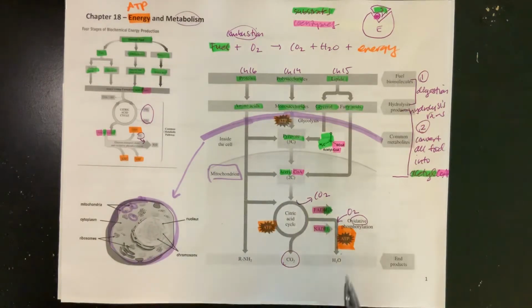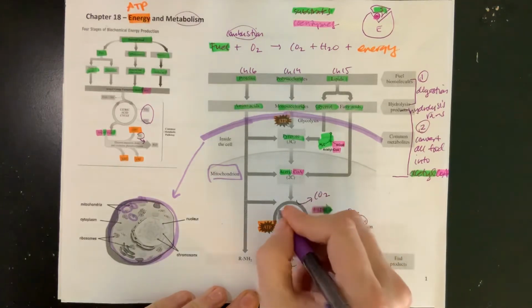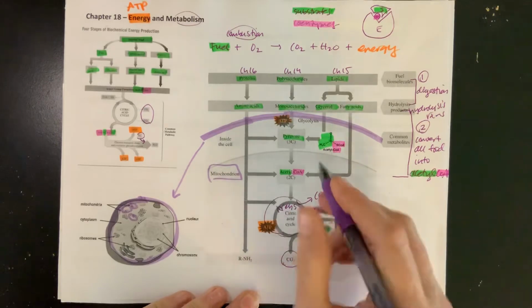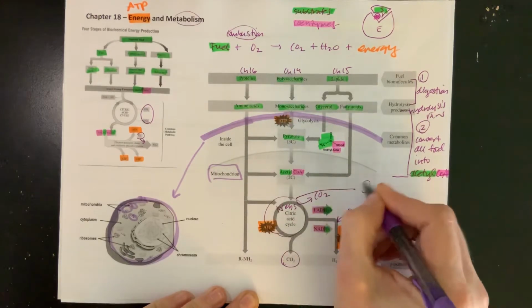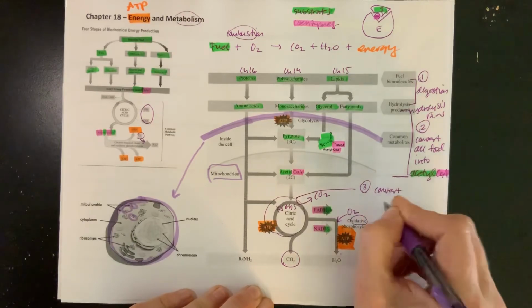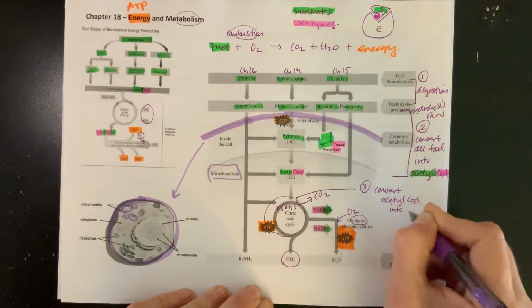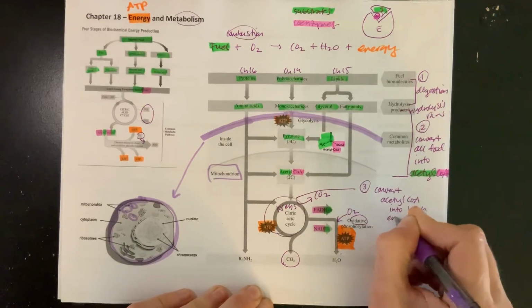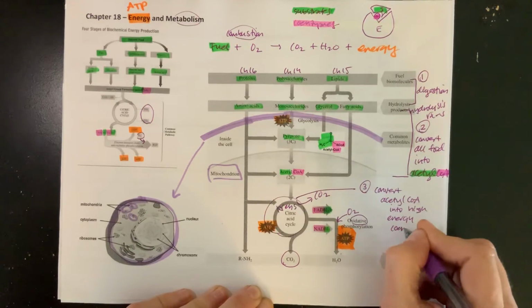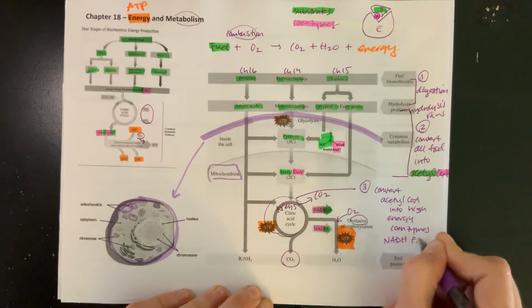Stage 3 then is going to be this Krebs cycle, or citric acid cycle, as we call it in chemistry. So this Krebs cycle is stage 3, and that's where we're going to convert that acetyl-CoA into high energy coenzymes, and those coenzymes are NADH and FADH2.